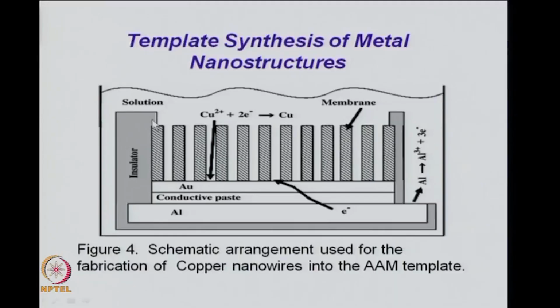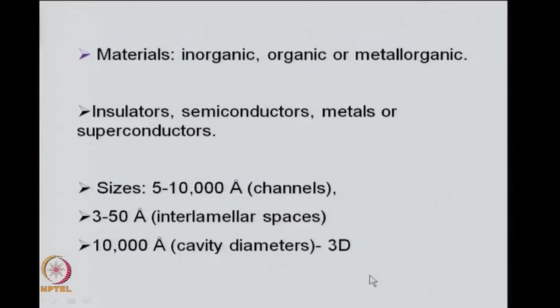So, you will have copper metal regularly spaced between this region, and then again you will have copper here, and again you will have copper here, like that. So, you can arrange systematically using this template, and here we call this the anodized aluminum.